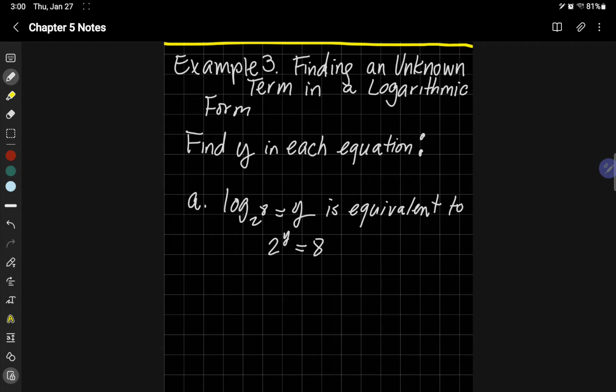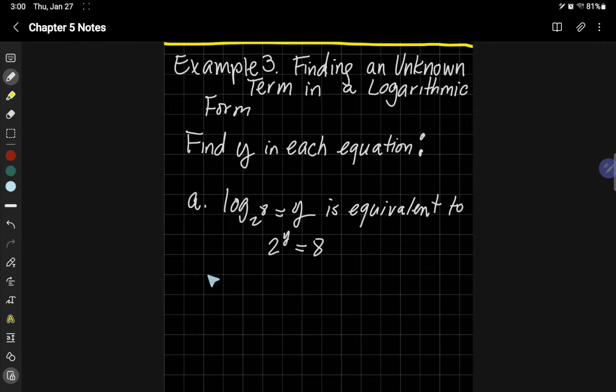Since 2 to the 3rd equals 8, how did it get to 3? Gotta think, y'all.